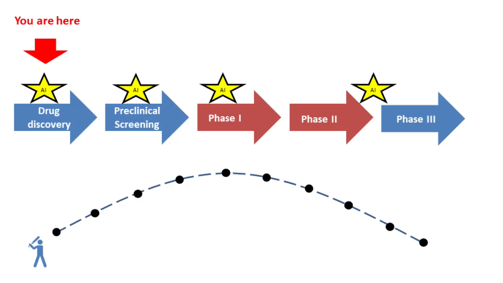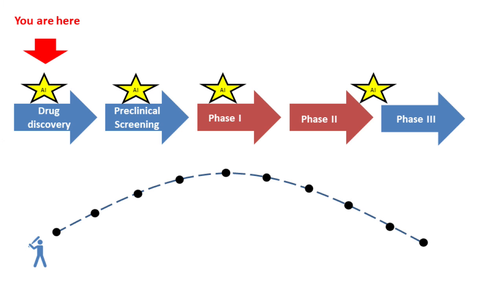In fact, this is clearly the early phase of the drug discovery, preclinical screening, and phase 1 that are determinant to increase the chance for a compound to be approved at the end. But the final approval often is decided on the results of the phase 3 clinical trial, which is a confirmatory clinical trial. So let's go in each of the phases.